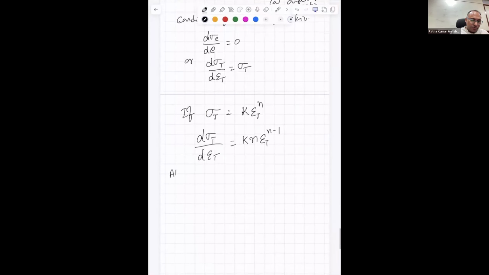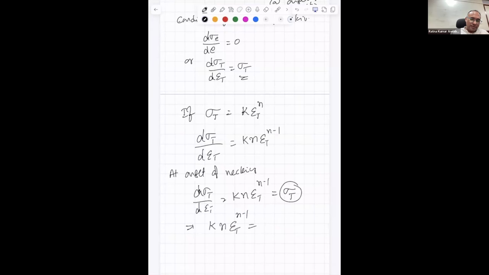But at onset of necking, d sigma T by d epsilon T, which is equal to K n epsilon T power n minus 1, is equal to sigma T.